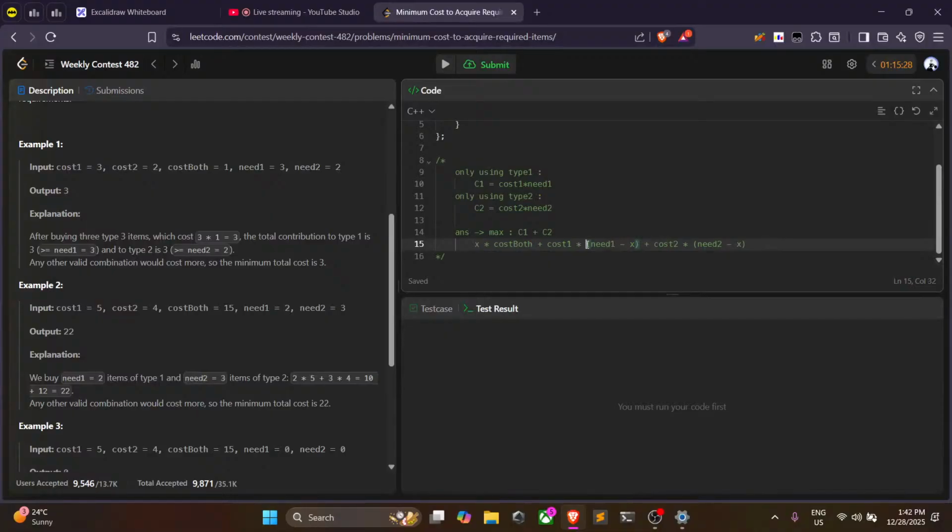What I'm saying is, if this C1 is greater than this one, and or C2 is greater than this one. So there are only three possibilities.